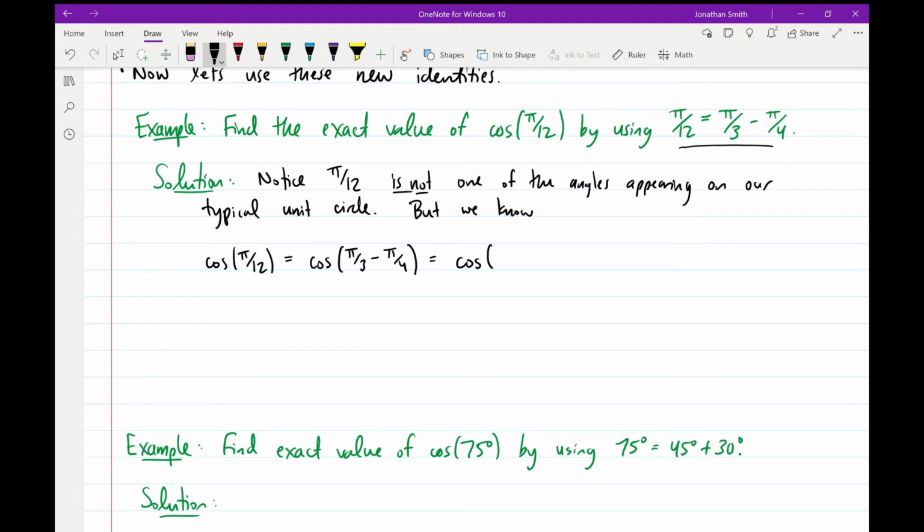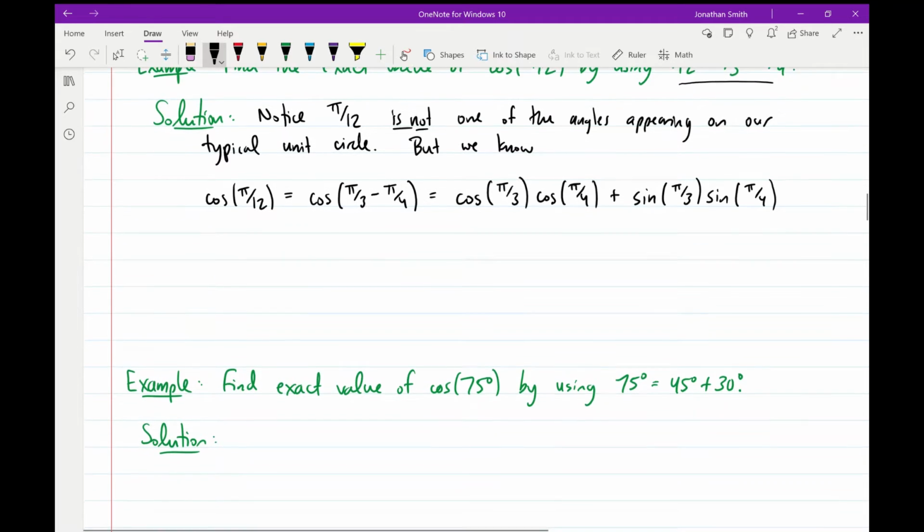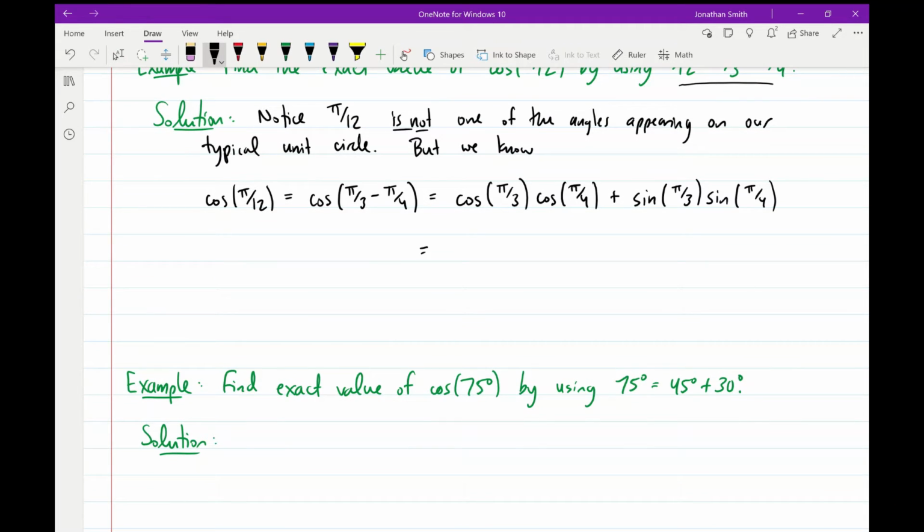So this is going to give a cosine of pi over 3 times a cosine of pi over 4 plus a sine of pi over 3 times a sine of pi over 4. So this is just applying the difference formula that we have for cosine. And again, maybe you don't have that memorized, but you can have that written down, and as long as you're able to use it like this, that's fine.